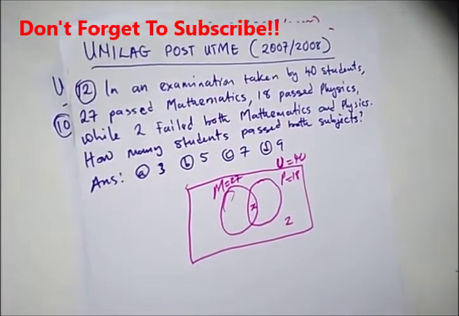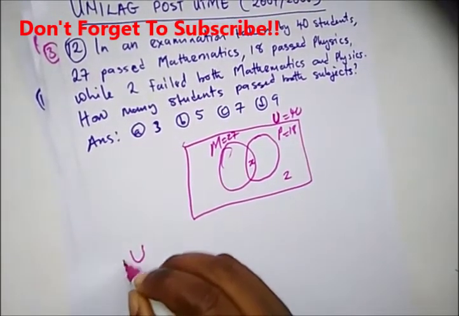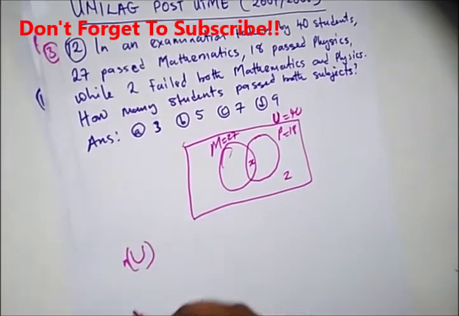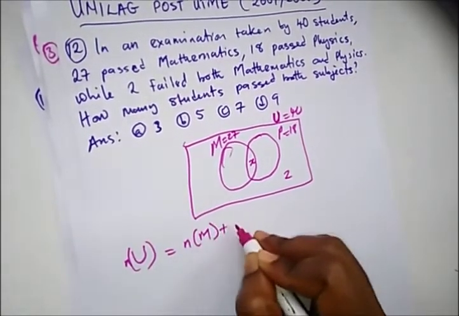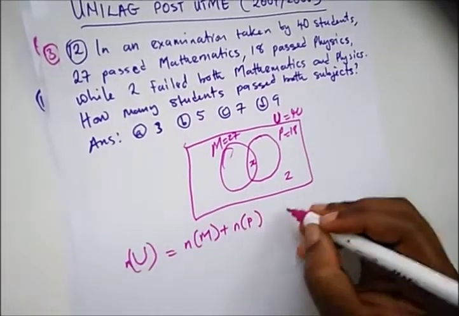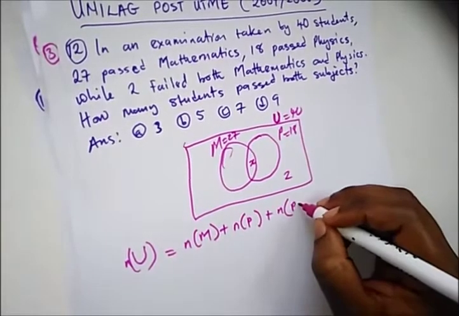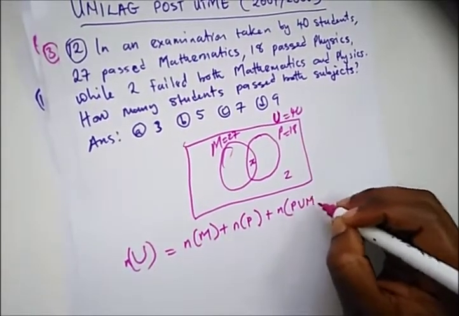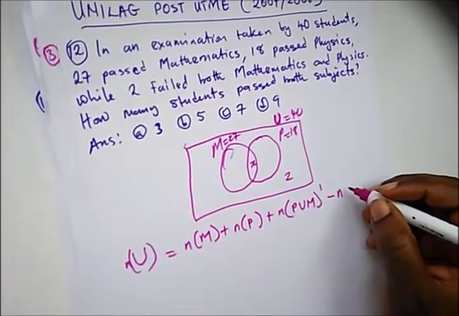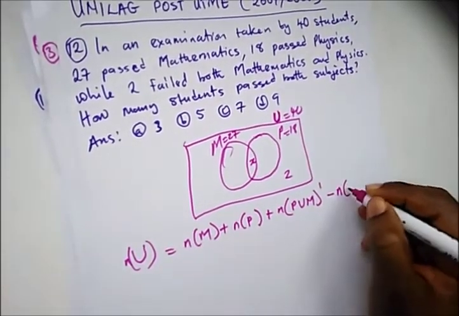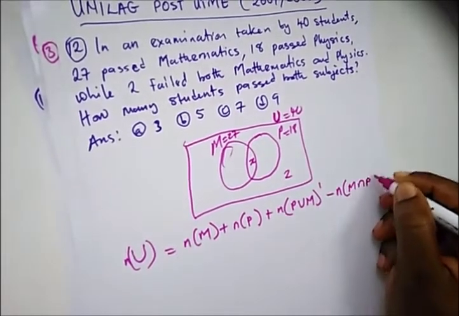And a formula we use says the total number of students is equal to the number of maths plus the number of physics plus the number of those that failed, minus the number of those that passed both subjects. That's the union of P and M.